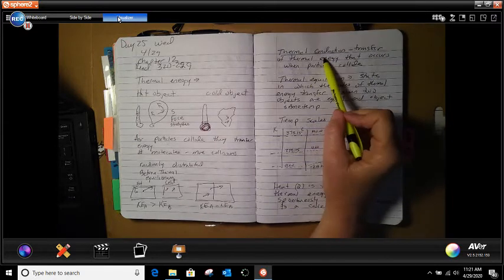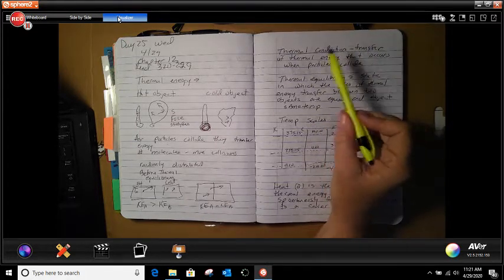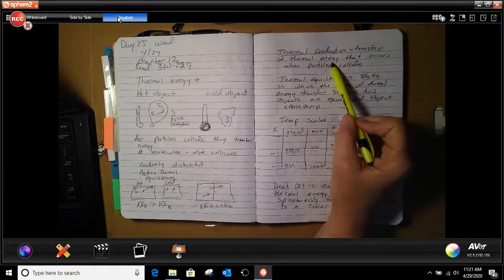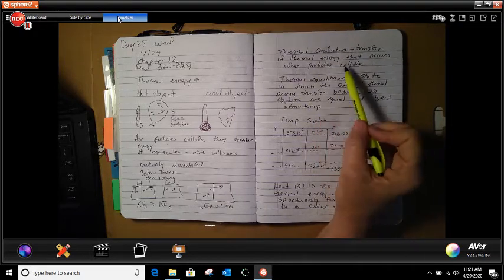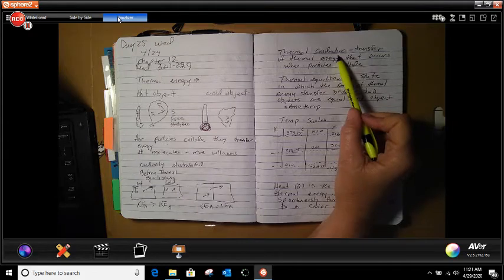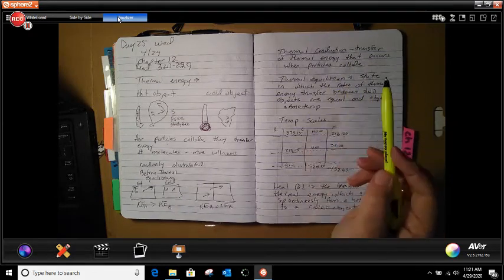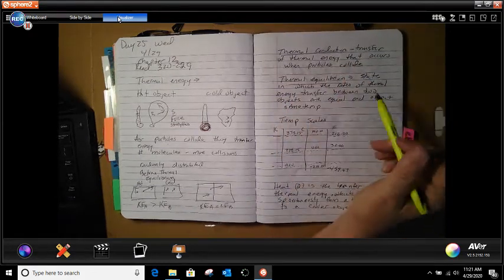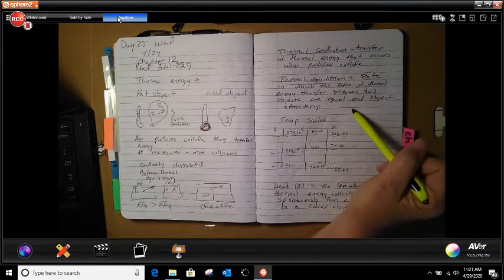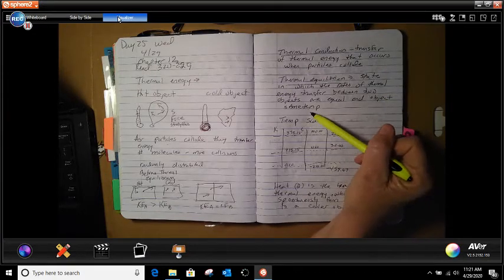So thermal conduction is the transfer of thermal energy that occurs when particles collide. Thermal equilibrium states that the energy transferred between two objects is equal and the objects are at the same temperature.